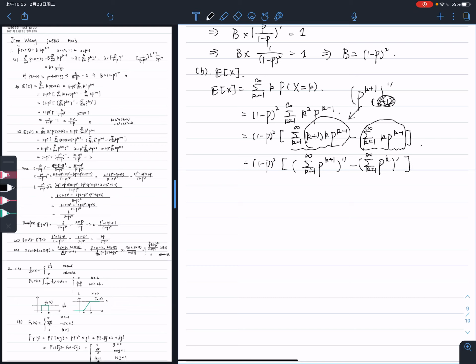So it is (1 minus p) squared times the second order gradient of the sum of p^(k+1), minus (1 minus p) squared times the gradient.